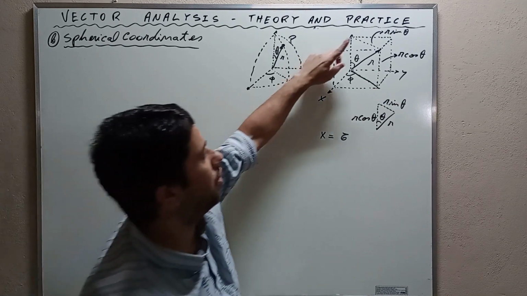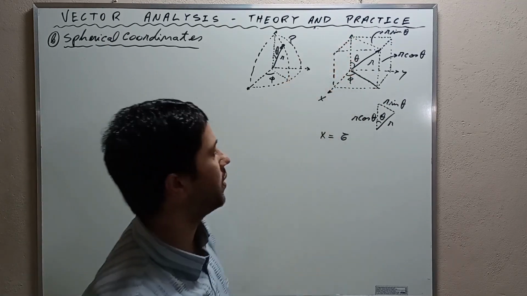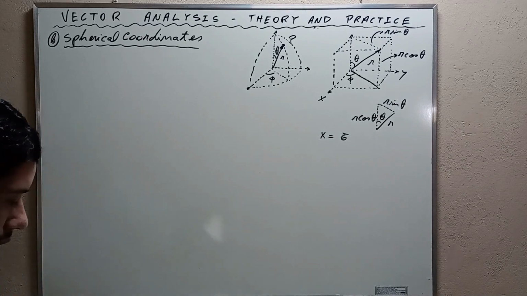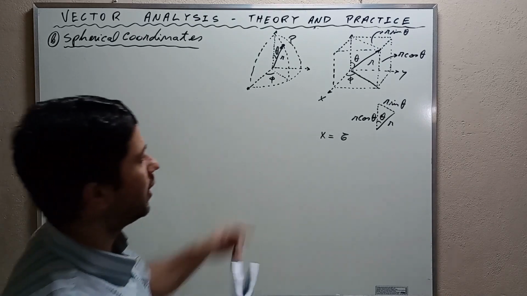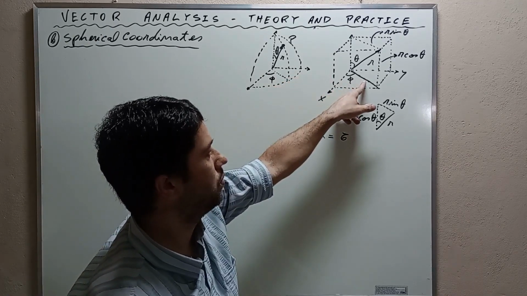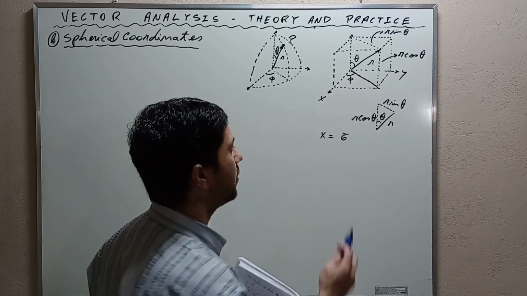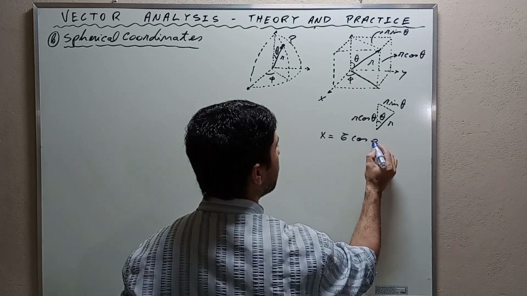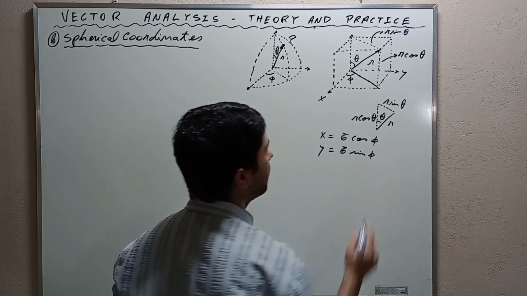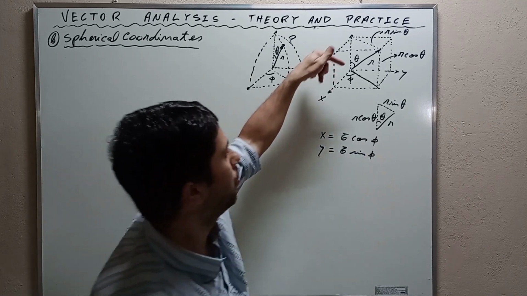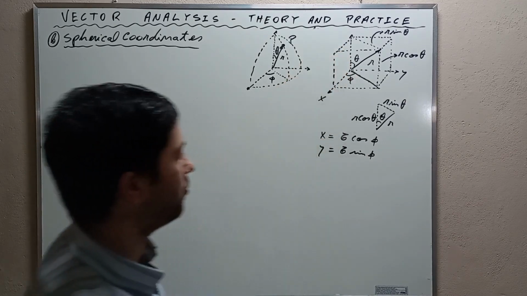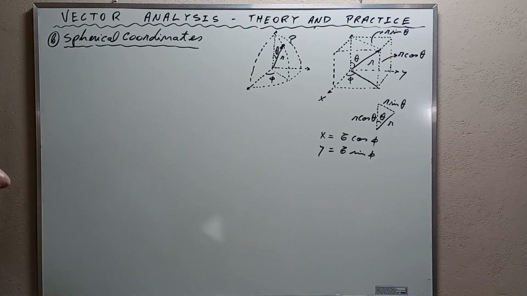The projection of r in the xy plane. And we are calling it tau. x is equal to tau times the cosine of phi. And y is equal to tau times the sine of phi. Okay? y is in front, it is the sine. At the side, it is the cosine.